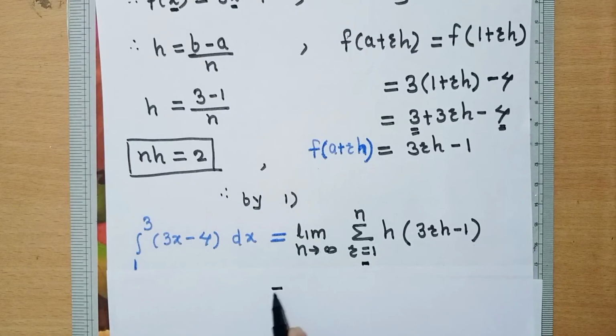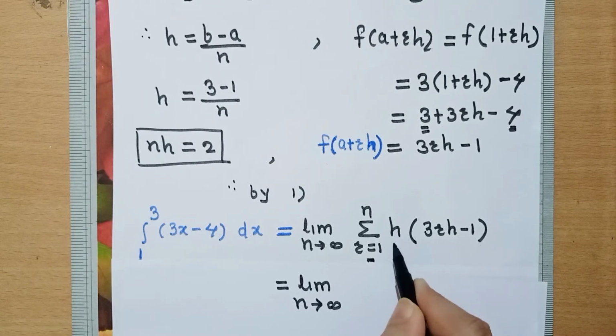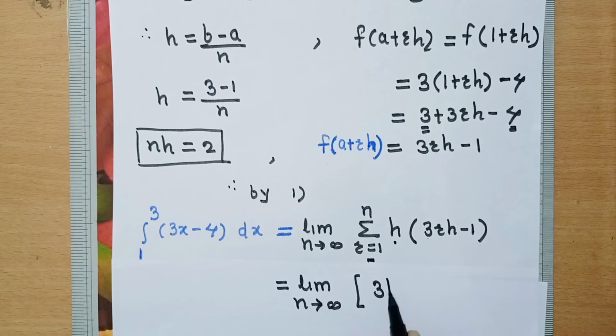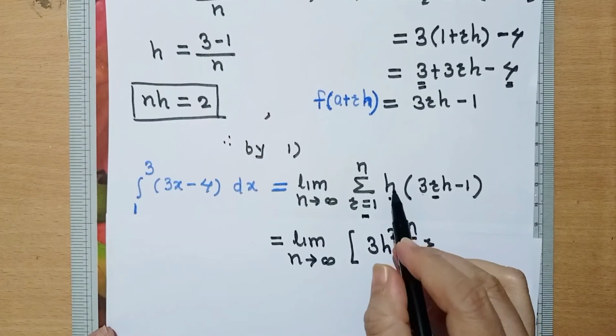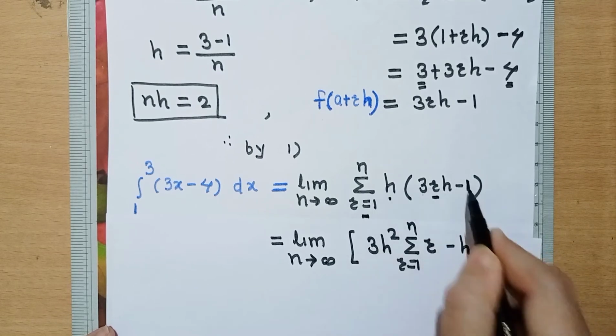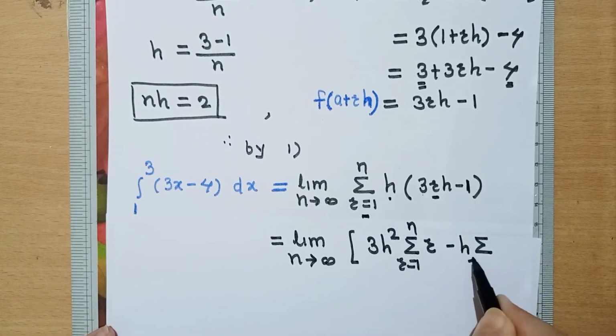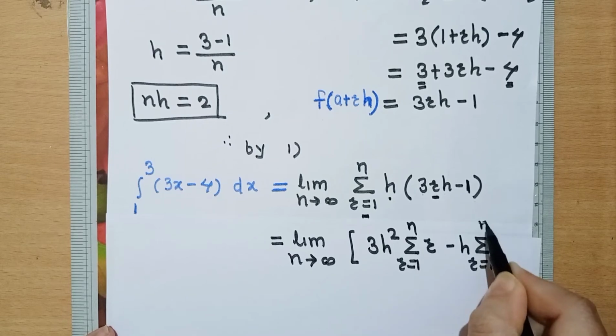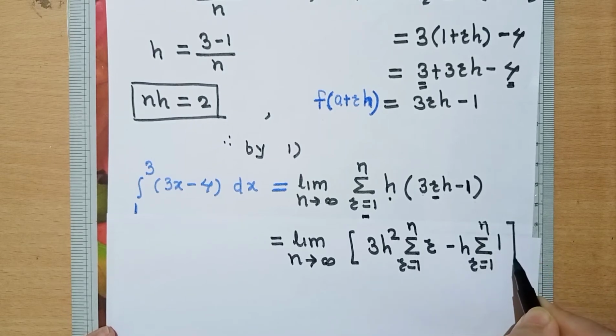So again we have this limit n tends to infinity as it is, and h and 3h means here we will write 3h square, and this summation is for r. So summation r running from 1 to n into r, and again for this h outside, we will apply this summation for 1. So summation r running from 1 to n into 1.